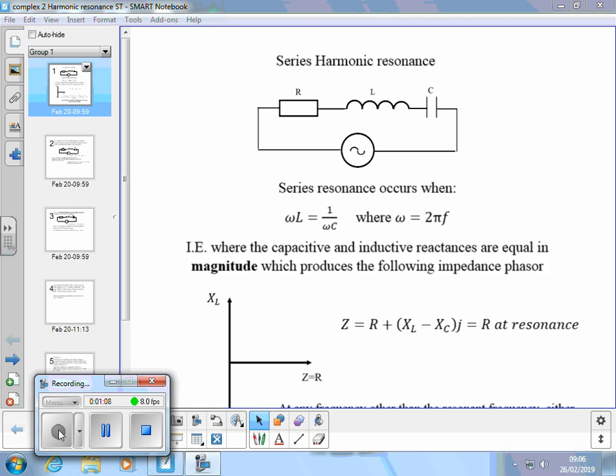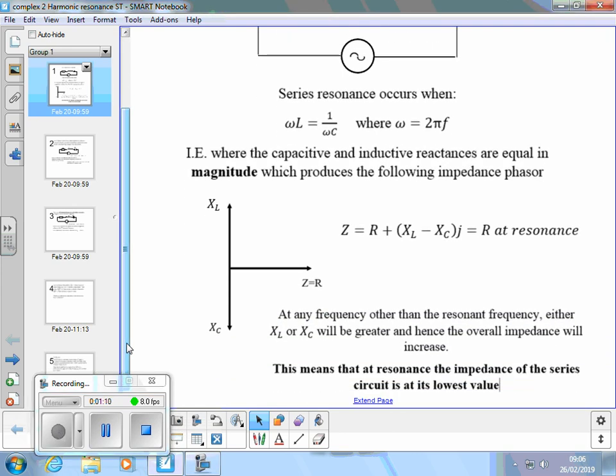Because if that's the case, we draw the impedance phasor diagram. We have the XL and the XC lines of equal length. So what we end up with, the only impedance in the circuit left is R, because the two reactive components cancel each other out.